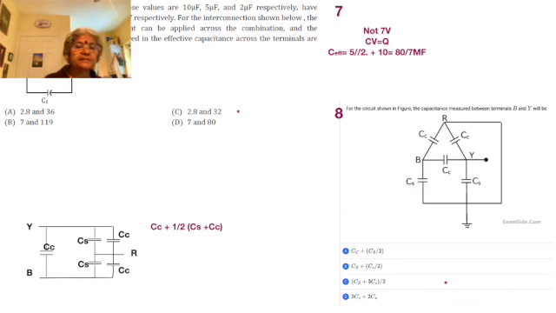That is CC plus CS. So it's CC plus CS by 2. And in parallel means multiply by 2, and then when you divide the combination, again it's going to be half. Okay, and then you add to CC, so together it becomes equal to 3 by 2 CC and CS by 2. So C is the answer.